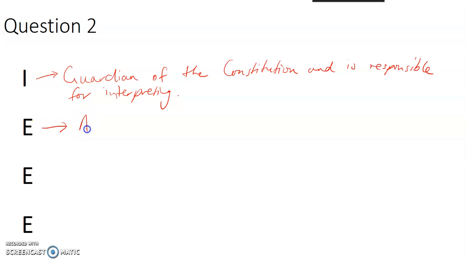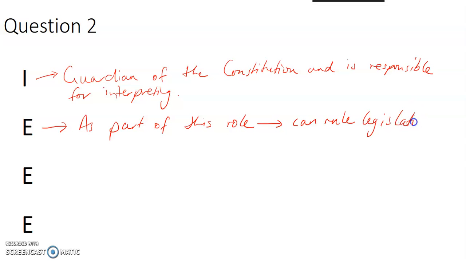So I might say, as part of this role, it is able to rule legislation made by Parliament invalid. This means, so I take that next step and I'm going to link it back to rights.